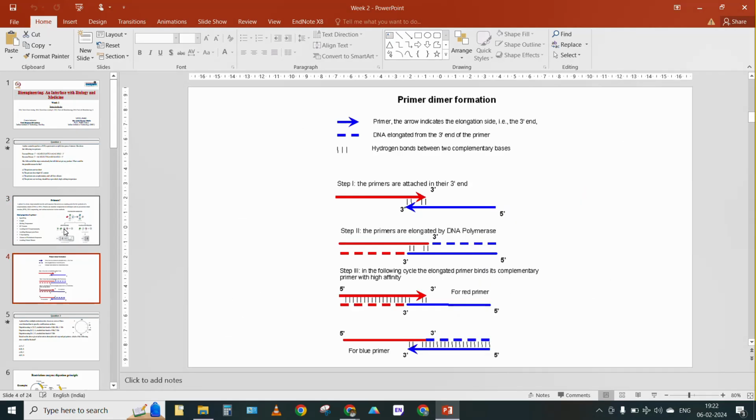Yes, sir, now it's changing. Okay, so there is some problem with slide changing in the slideshow. Just give me 2 minutes, let me rectify this. Actually, I have inserted some animations without slideshow.